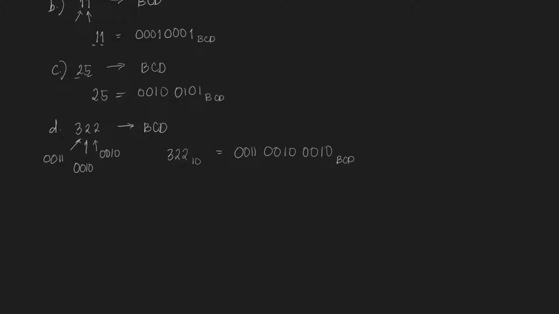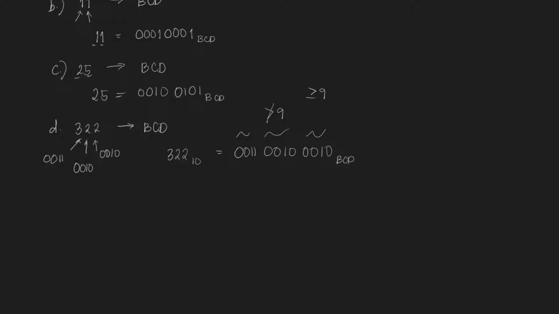Take note, class, that the limit per digit in a decimal number should not be greater than 9. So the answer for each digit should be within 9 only.